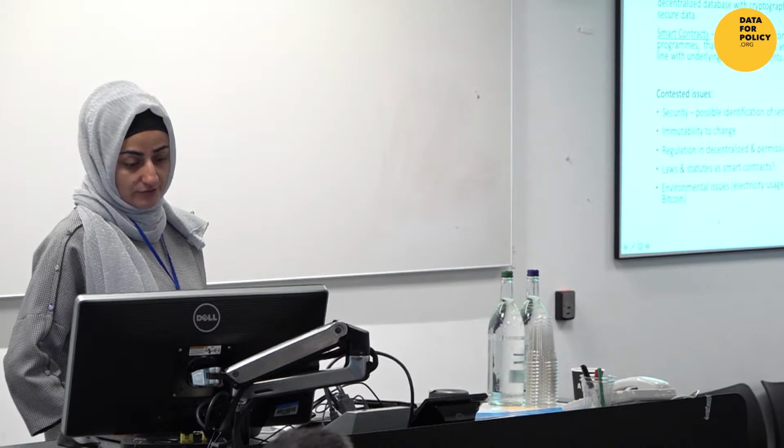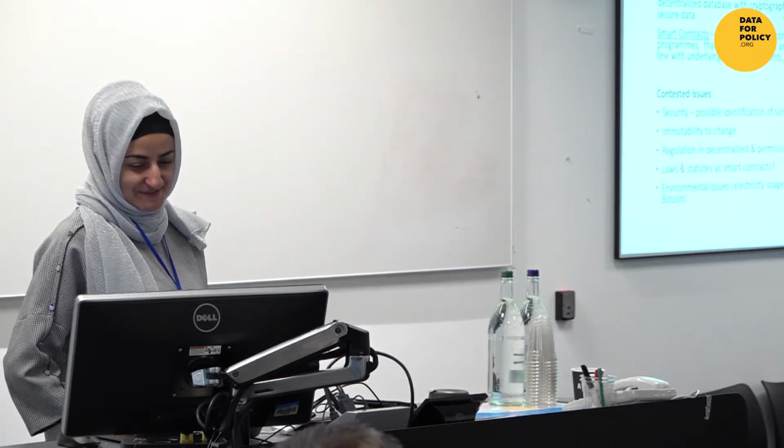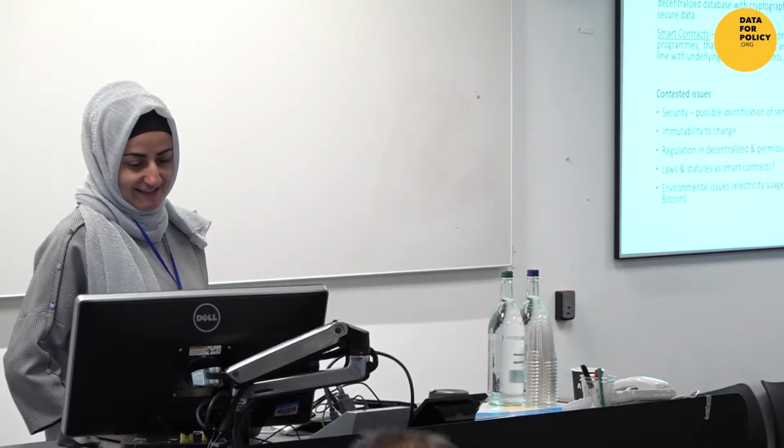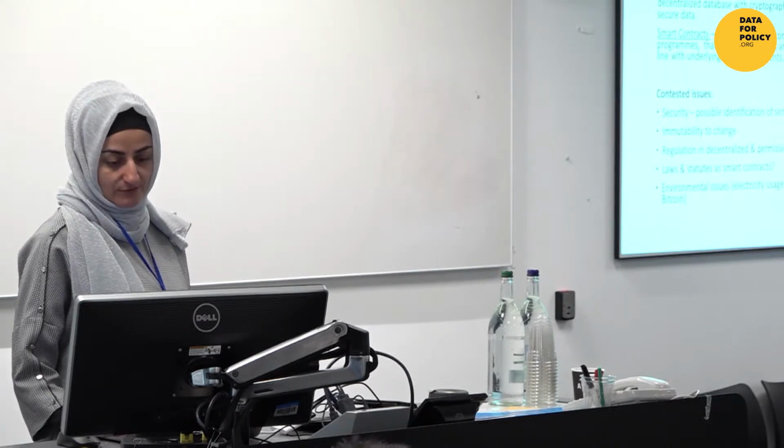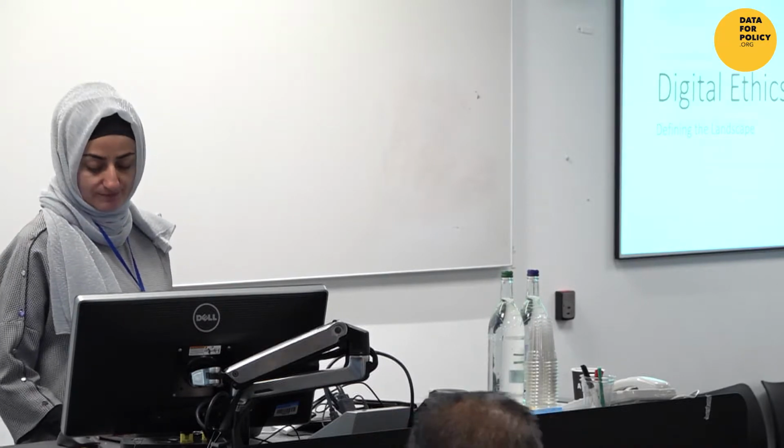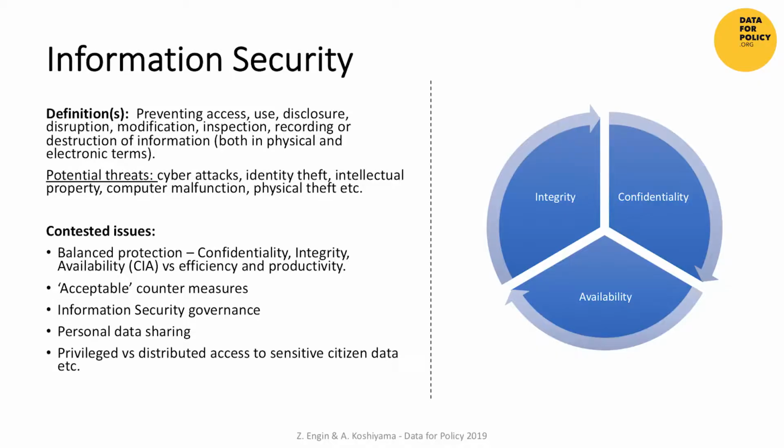Regulation of these technologies is still not clear at all. And again, I mentioned the environmental issues. Like in the Bitcoin case, we saw that it was causing lots of electricity usage, therefore causing some environmental damage as a result.